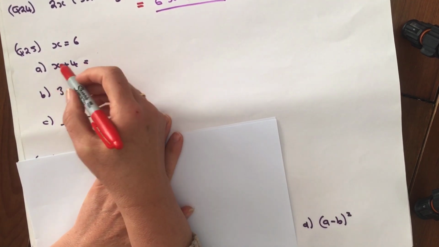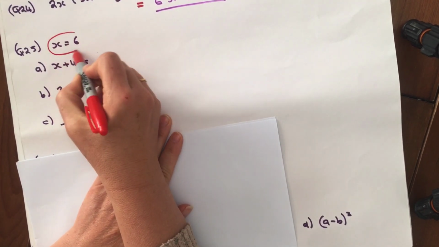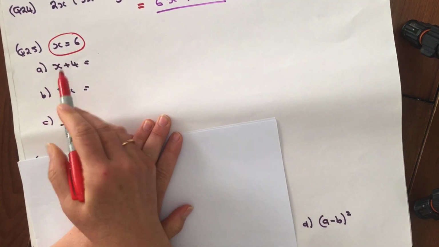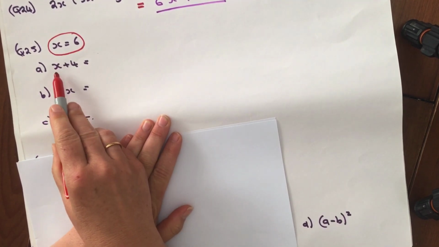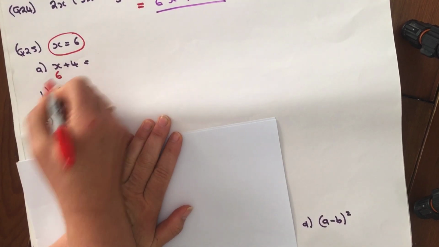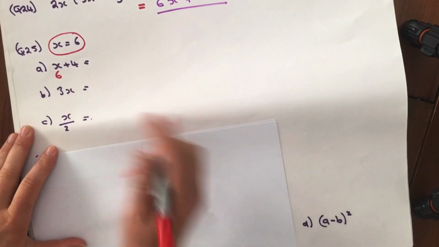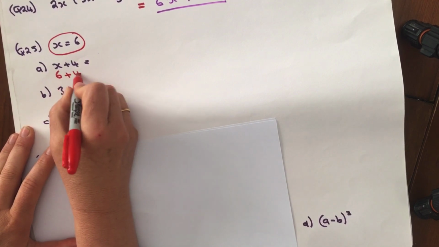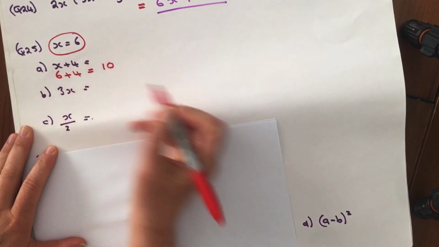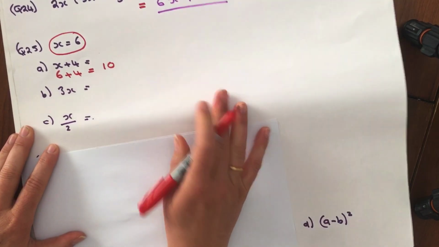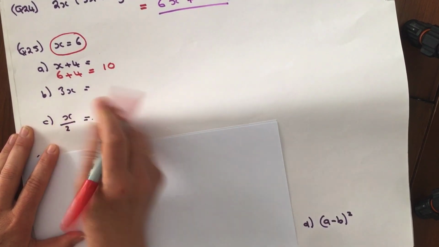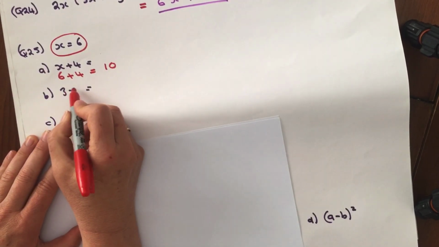Right, substitution. You're told the value of x. So you're told x takes the value of 6. So instead of writing x, I write 6. The 4 stays the same, so my answer is 10. And it's best to write it underneath like this, so you can just substitute instead of the x.